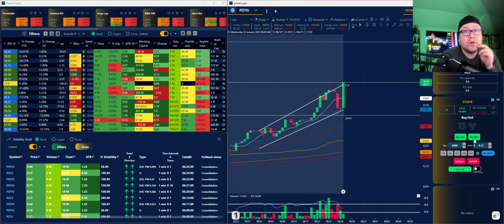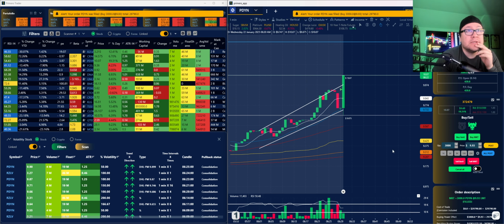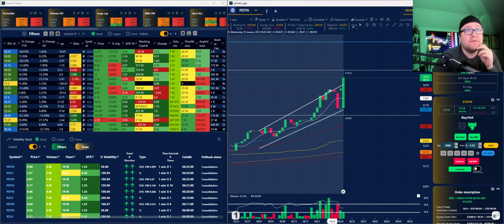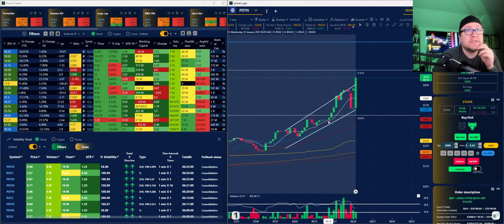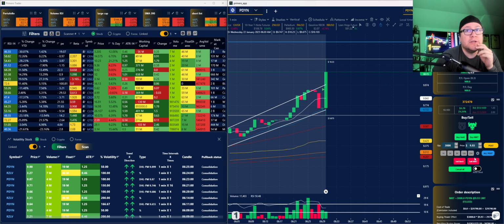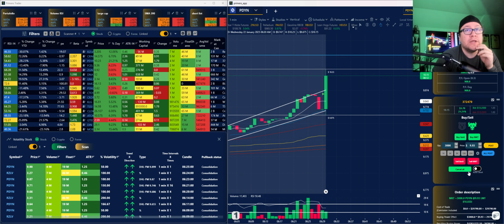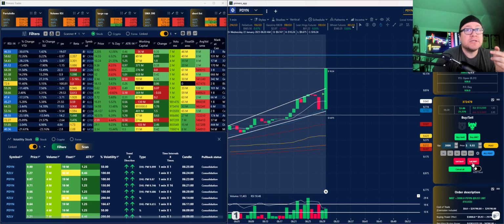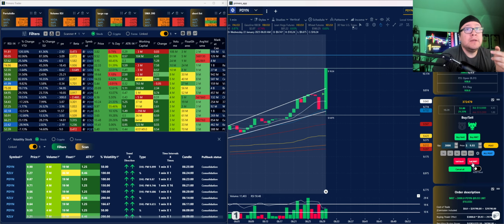That one just broke. It broke the high of the pre-market, so that's a really good entrance. If it goes below the high of the pre-market, we get out. It has broken $10, so that's pretty good. And let's say it gets to that blue line that I marked over there.